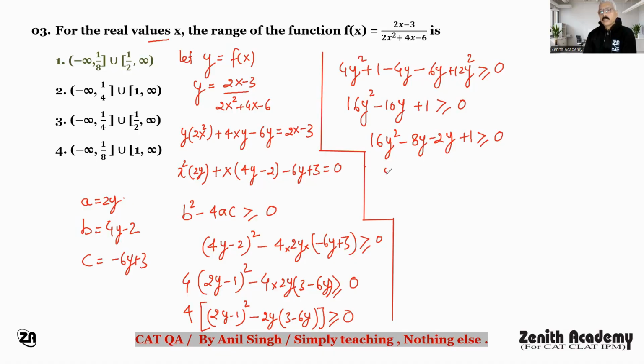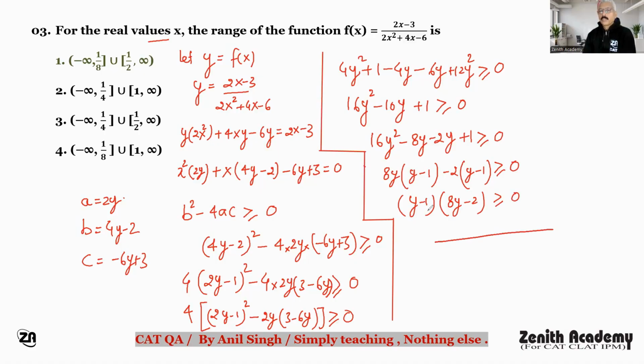So here you can take common 8y minus 1, minus 2y minus 1, greater than or equal to 0. So y minus 1 and 8y minus 2 greater than or equal to 0.